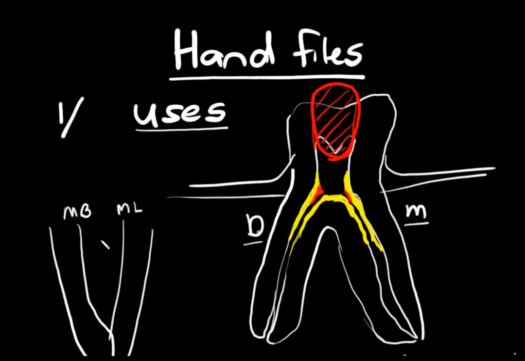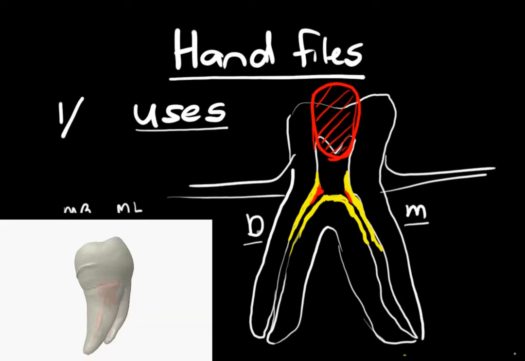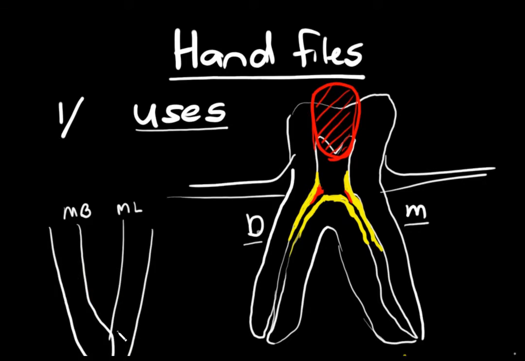And quite often the mesiobuccal joins into the mesiolingual somewhere about 2 to 3 millimeters from the terminus of the canal. And this can quite often be a sharp junction just in this area here. And this is quite often where the files or the rotary files break.